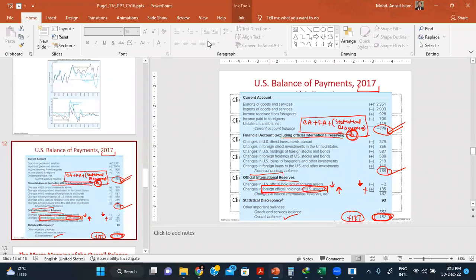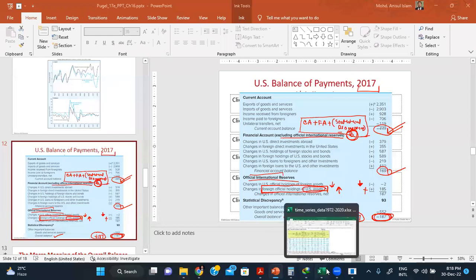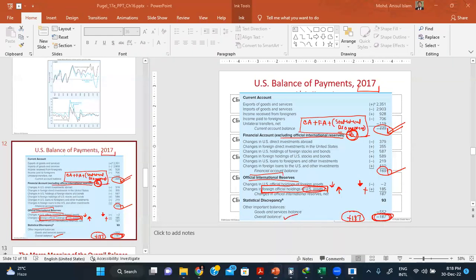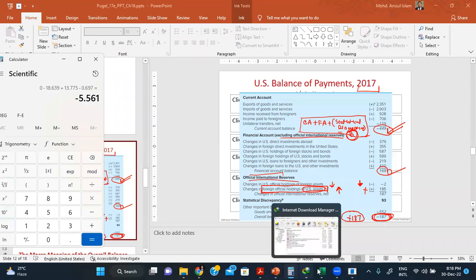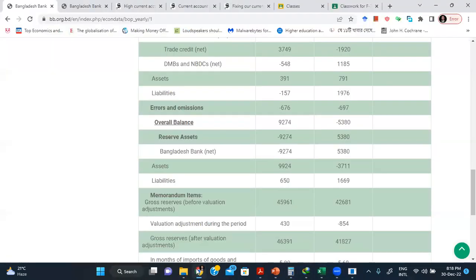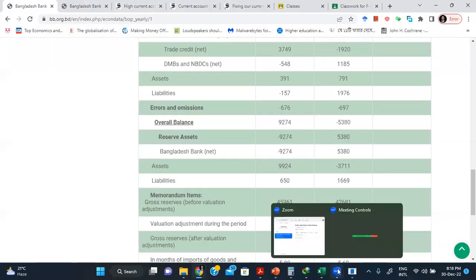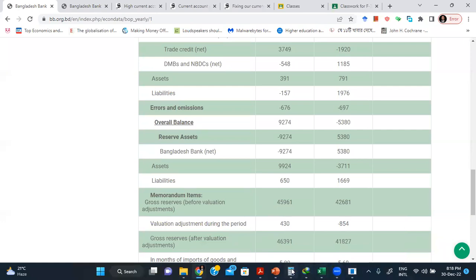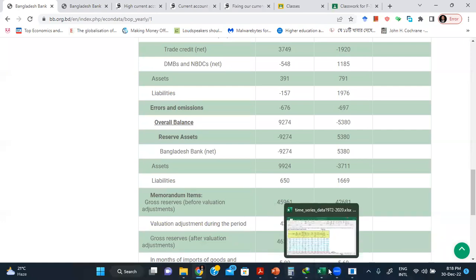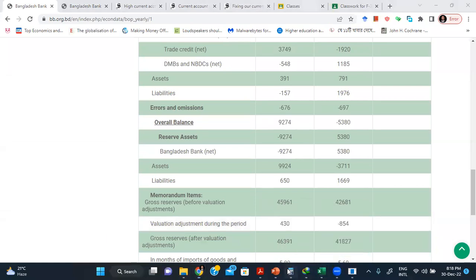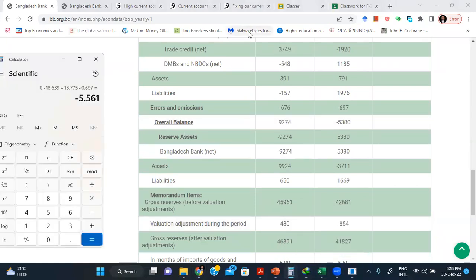If we have a minus 5.561 billion overall balance, what should we see in the official international reserve? We should see a positive balance of 5.561. Okay, 5.561.